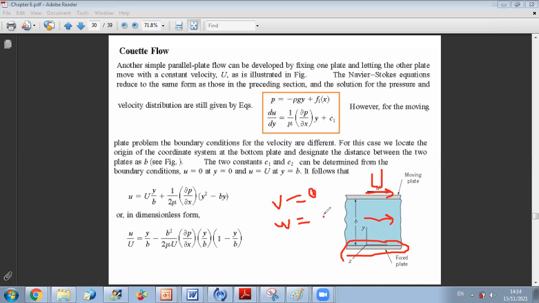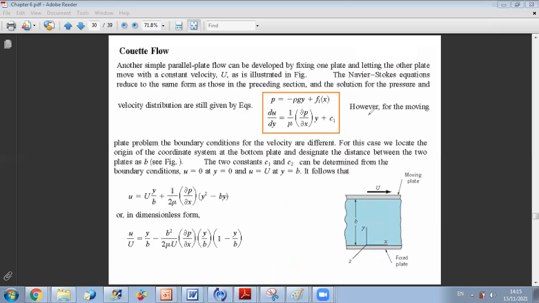And also, if you apply continuity, you will get that del u by del x equals 0. So u is only a function of y since z is infinite. Okay. So until now, same conditions. Also, if you simplify Navier-Stokes, nothing has changed. The only thing that has changed is the boundary condition.